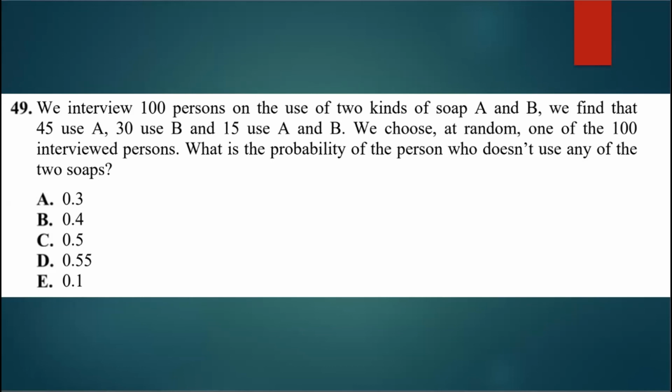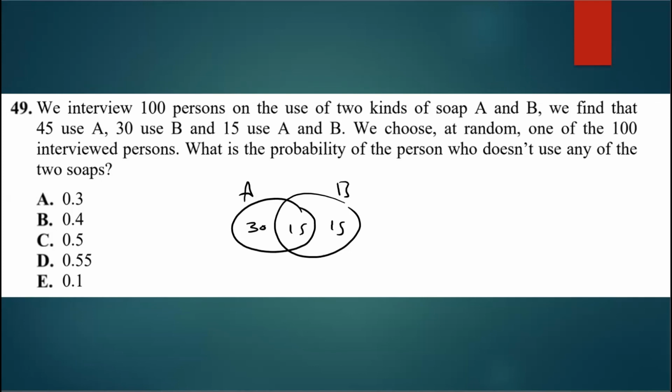Because he said 15 use both, for A and B, I start with 15 here. B is 30, so another 15 here to have the Venn diagram of B contain 30 persons. And A is 45, so I still need 30 to get 45 here.